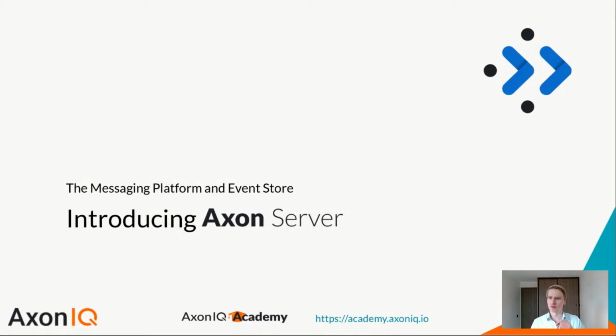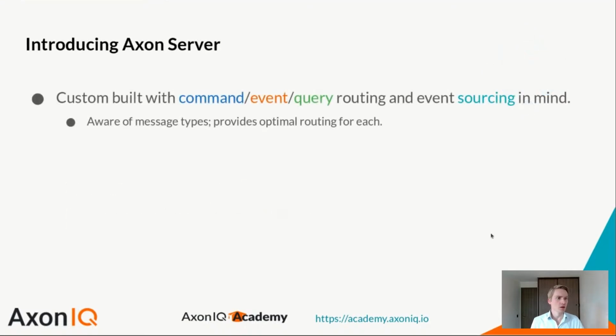Let's see how Axon Server can meet those requirements, because Axon Server really was built from the ground up to meet them. So I'm going to show you how it did that. So first of all, Axon Server is built with that command, event, and query routing and event sourcing in mind. What does that mean? Well, it means that Axon Server has a command bus, an event bus, and a query bus for that distributed message routing.